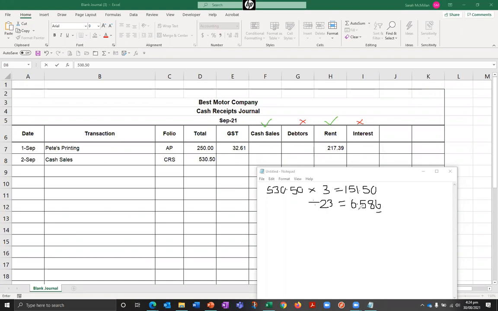Remember your rounding, so that would change to $6.59.